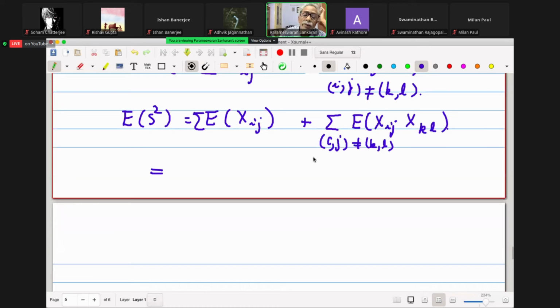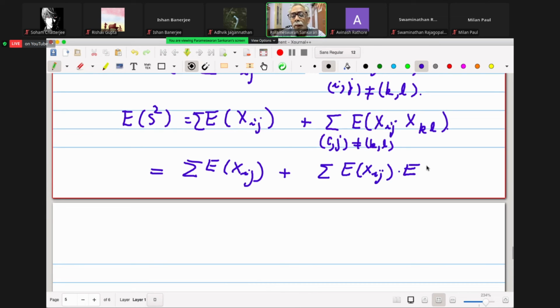Now I see that this is the summation of E of x_ij, plus, these two are independent random variables, right? Any two of them, pairwise, are independent. So this is the summation of E of x_ij times E of x_kl, for distinct pairs.